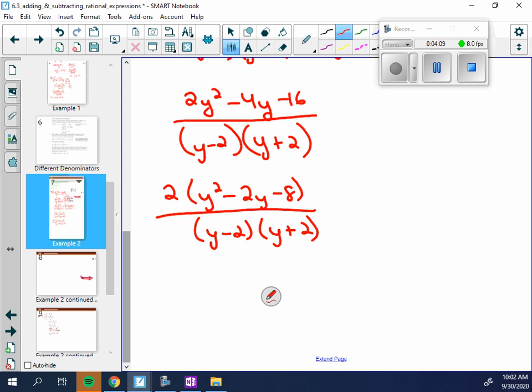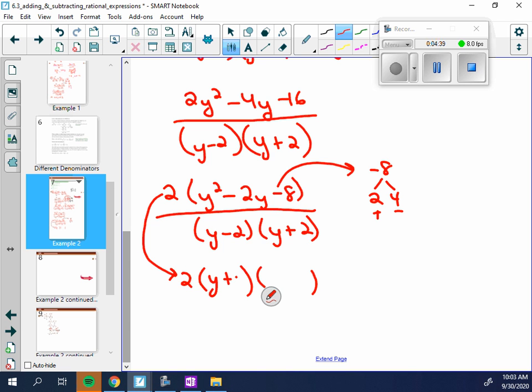Okay, and now I'm looking for factors of negative 8 that add together to get negative 2. They would be 2 and 4, and you have more negatives than positives, so it has to come out as the negative 2. Okay, I'm going to keep this 2 here the same, but my quadratic that was up here will be y plus my 2 and y minus my 4.